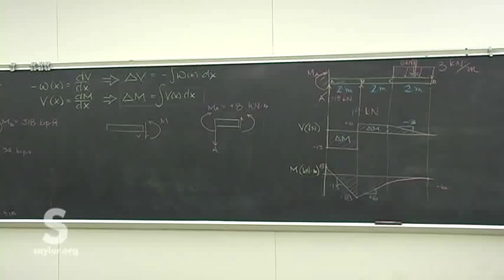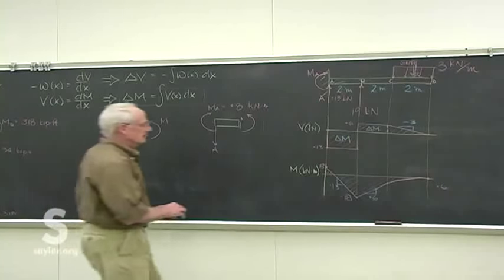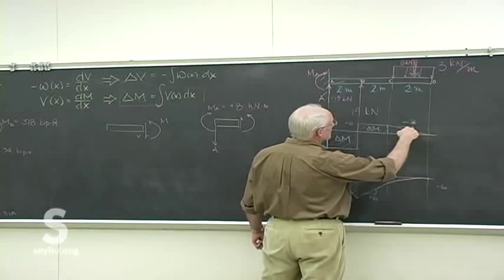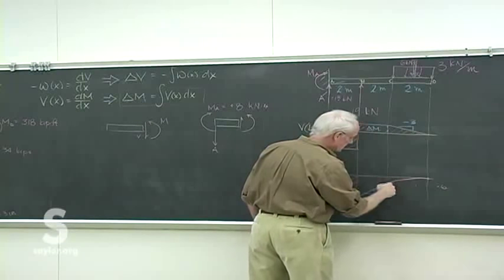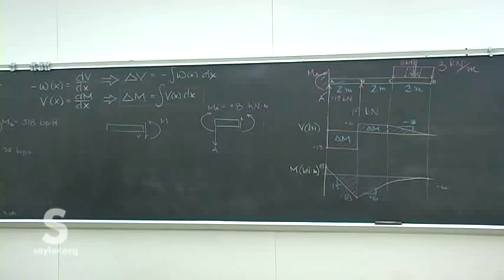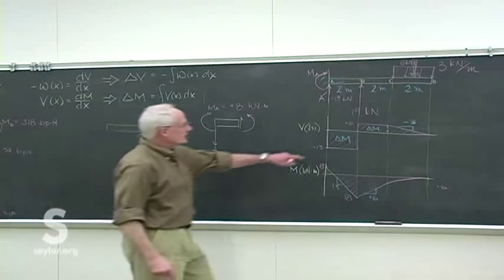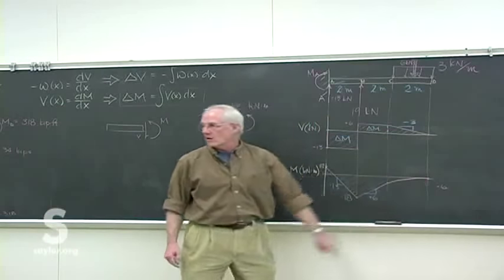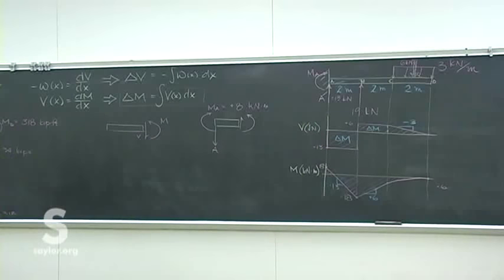And all of the stuff agrees there. The area of that should be -6, and indeed it is, or +6, because that's the change in M that we see there. All the slopes agree. Shear goes to 0, so the slope of the moment curve goes to 0. And we're done.